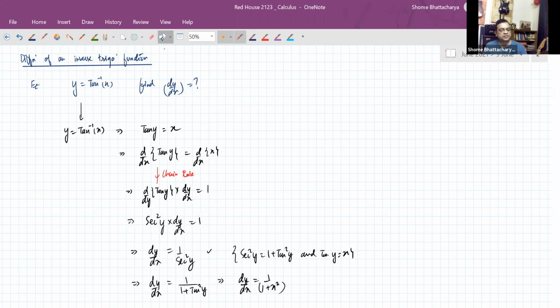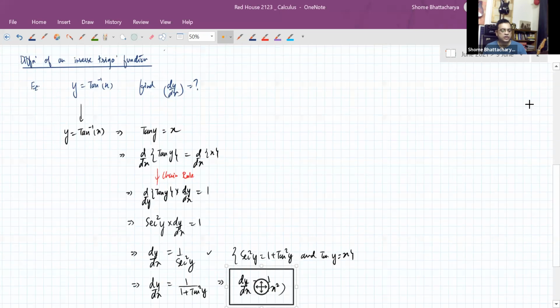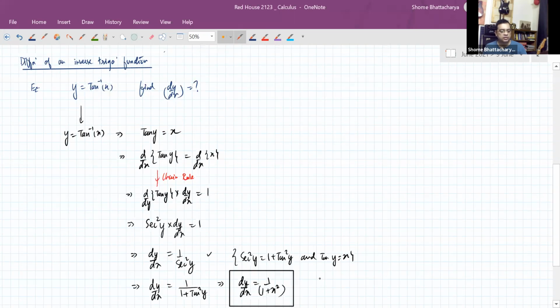So if you look at a mathematics book of advanced calculus, you will see that this is actually a formula that you learn directly also, that differentiation of tan inverse x is given by the formula 1 upon 1 plus x square. But here we don't need to treat it as a separate formula and memorize another set of formulae for inverse trigonometric functions.